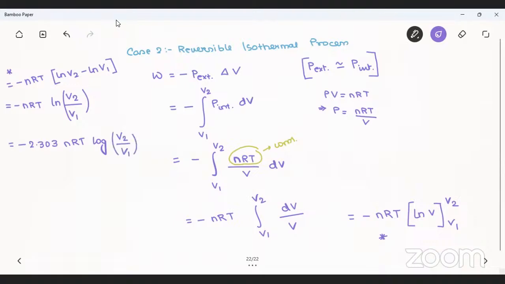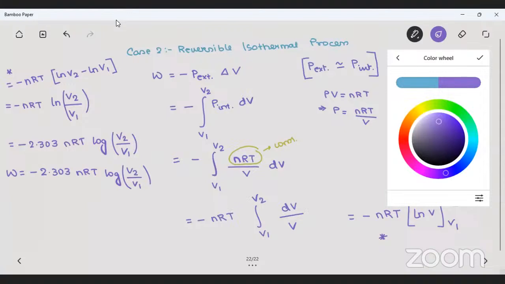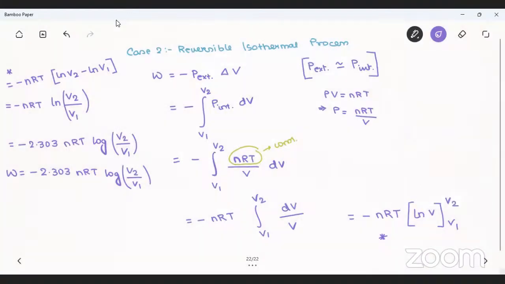Okay, so work done is minus 2.303 nRT log of V2 by V1. This is one of your formulas. Now, this is an isothermal process. For an isothermal process, P1 V1 is equal to P2 V2.